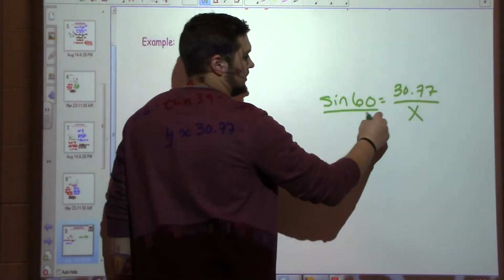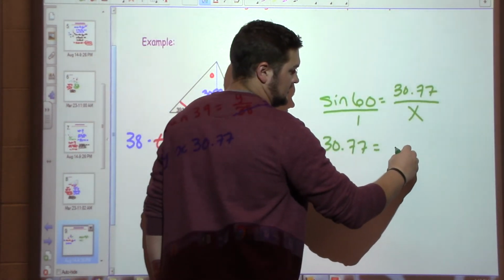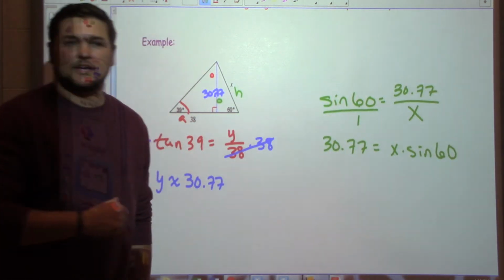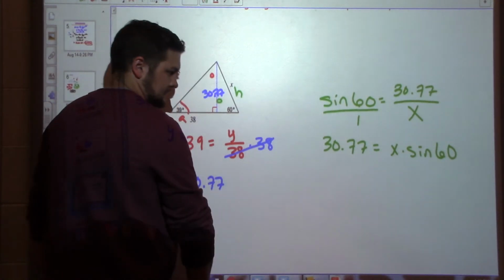Right, same thing, we're going to cross multiply. 30.77 equals x times the sine of 60. Just like we were normally solving, we want to solve for x, so we're going to divide by the sine of 60.